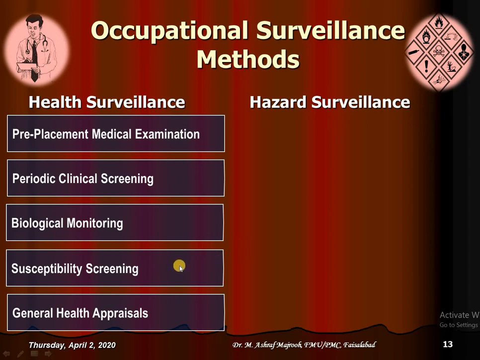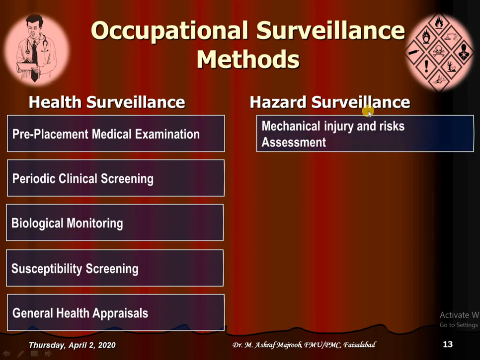So these are the special screenings. They are not generalized, but these three things are generalized. The general health appraisal is not a usual part of the health surveillance, but for integration of health services, the general health appraisal is also included in some countries.